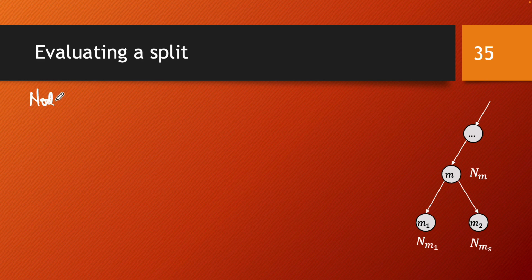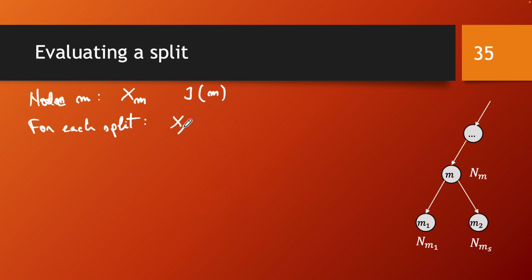So in node M, we have our dataset XM, and we are going to calculate the impurity, whatever impurity measure you choose for yourself, in node M. And for each split that you are considering, XM is going to be split into two different sets, if you have this binary decision tree, that is most common.